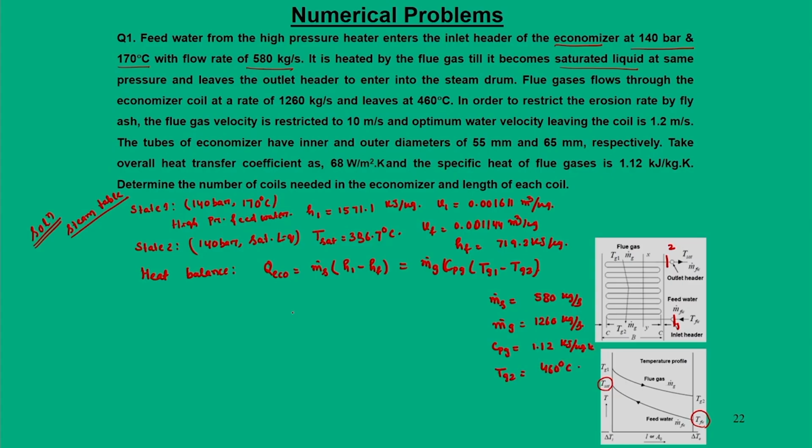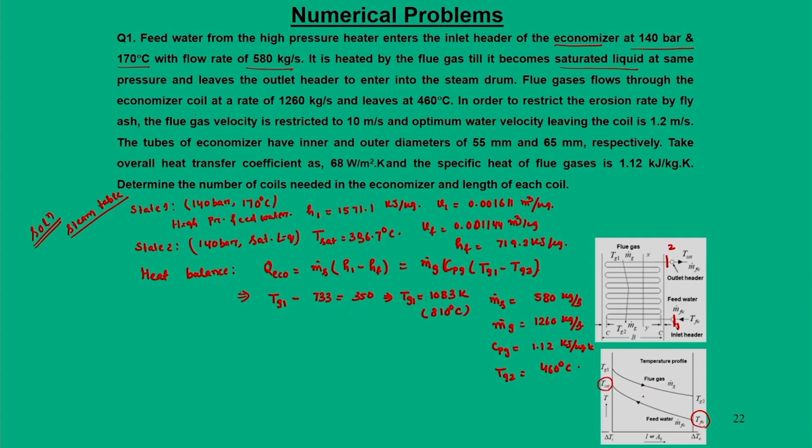Putting these in, we also have H1 and Hf, so everything is there and this equation can be solved. What is unknown? Tg1 is unknown. So, you can find Tg1 minus 733 is equal to 350, which gives Tg1 as 1083 Kelvin or 810 degree centigrade.